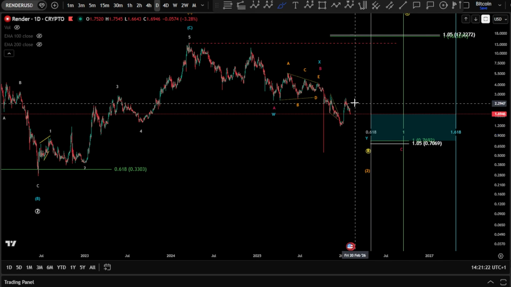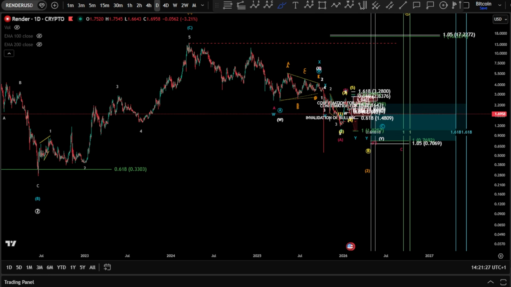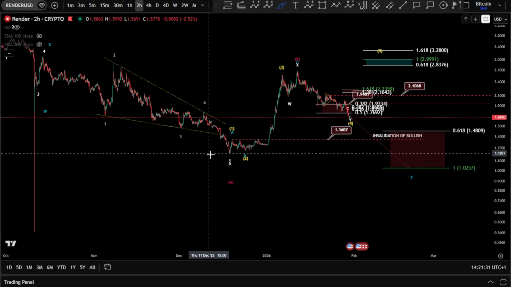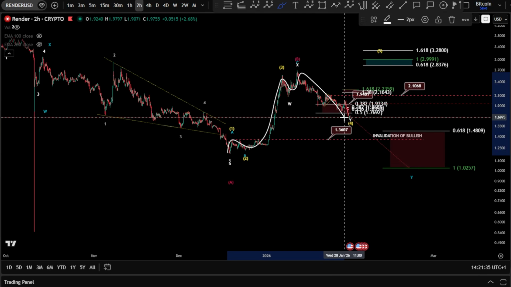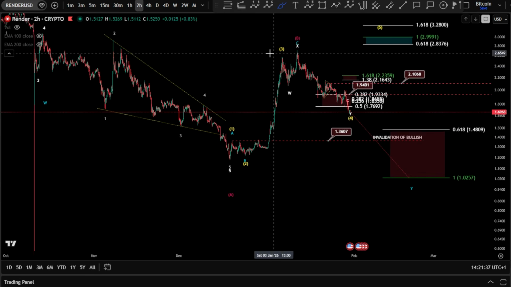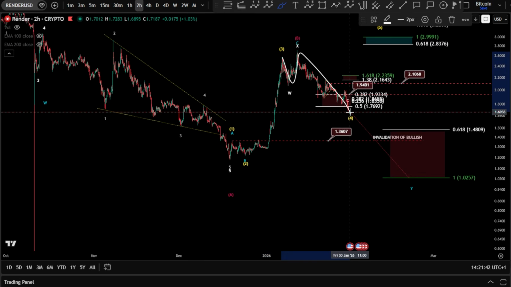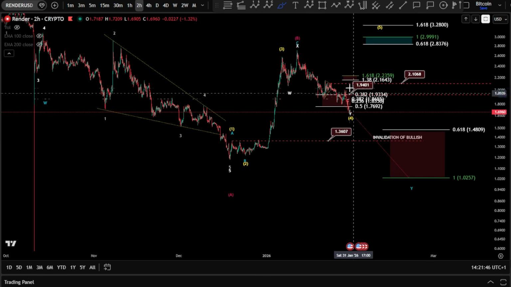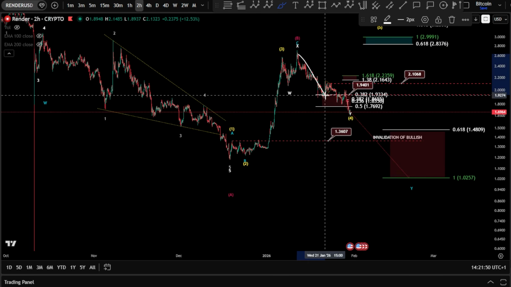If we dive inside to see what is unfolding on the 2 hour chart, we are still looking for a potential impulse there. However, this impulse is unfolding something very deep after it before finishing the wave 5. In case this is your wave 4 for an impulse 1, 2, 3, wave 4, ABC expanding flat, we have already passed the fib levels required for a wave C in an expanding flat.